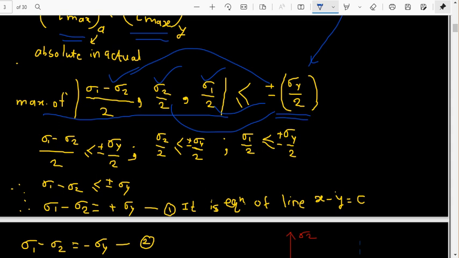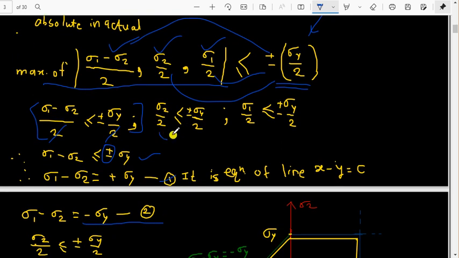What will be the first equation? We will get from this (sigma 1 minus sigma 2) by 2 should be less than or equal to sigma y by 2. The common terms we will cancel, and the equation will be like this. We will call it equation 1. Sigma 1 minus sigma 2 equal to positive sigma y, and we will call this equation number 2. We are writing this separately for drawing or plotting this equation on a graph, because we want to find the safe region.